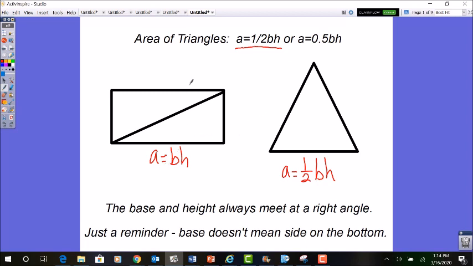So for instance, let's say I told you that the base was 10 centimeters, okay, and the height was 8 centimeters, okay. You would know that 10 times 8 would give you the area of 80 centimeters squared, or square centimeters.